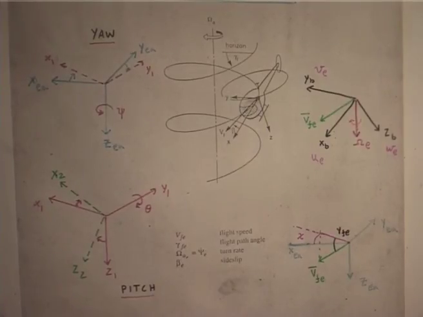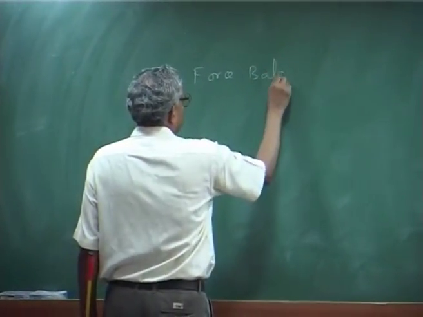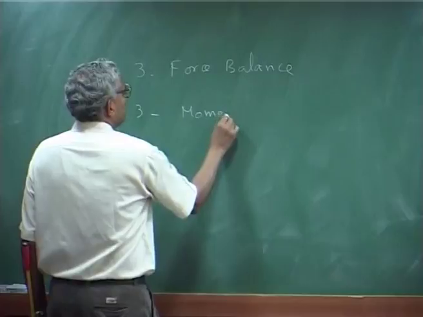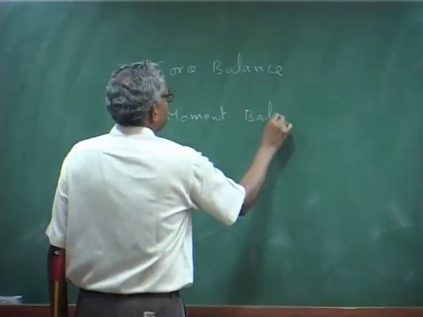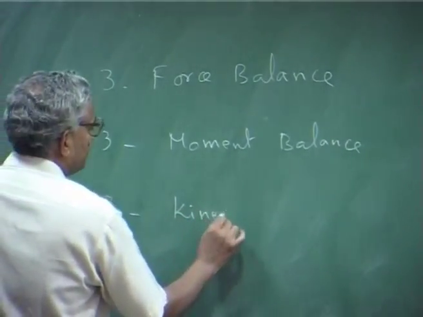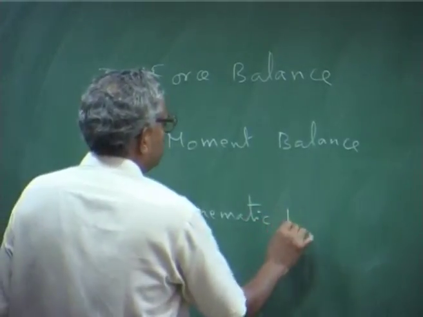But overall, for this type of maneuver, you have to treat 9 equations. Those 9 equations are 3 force balance equations, 3 moment balance equations, and another 3 kinematic relations.